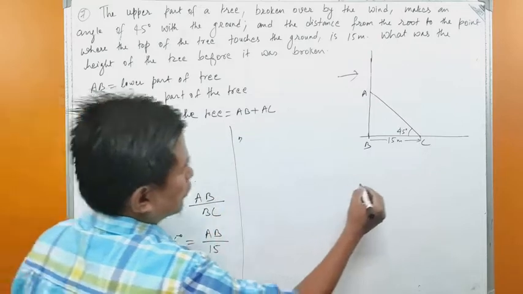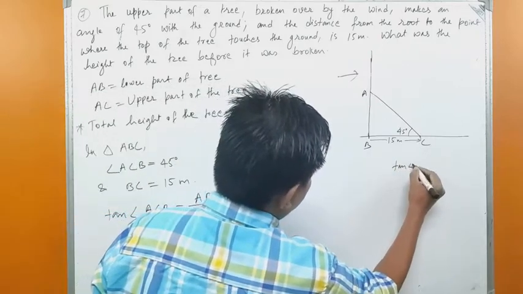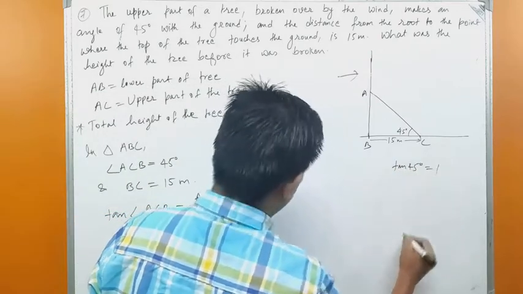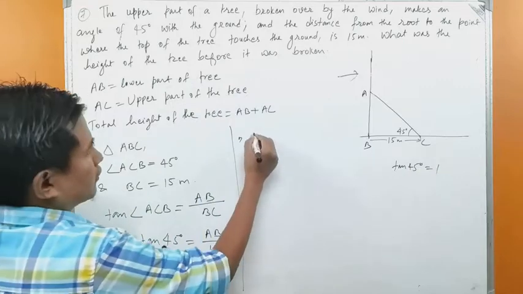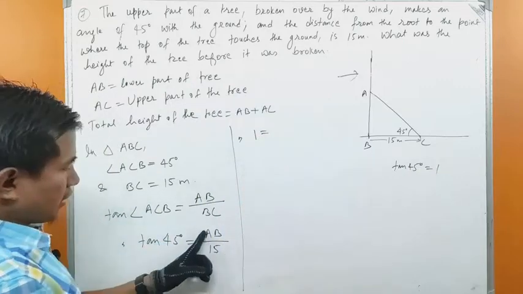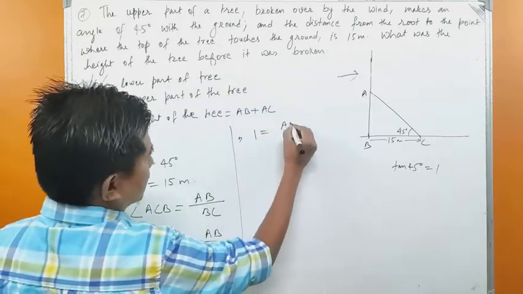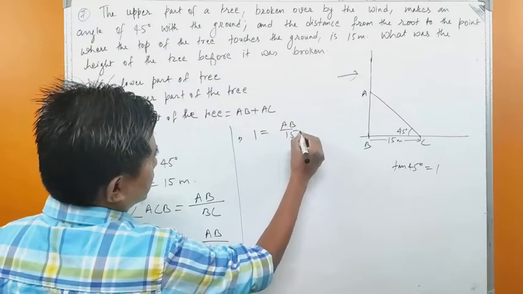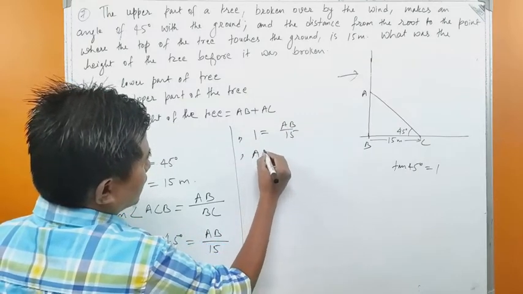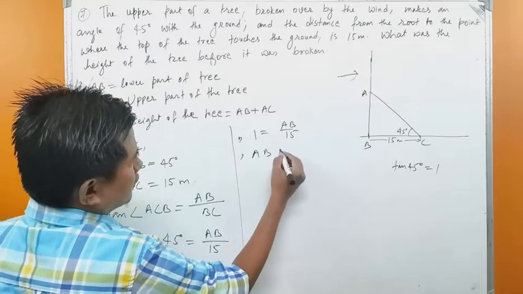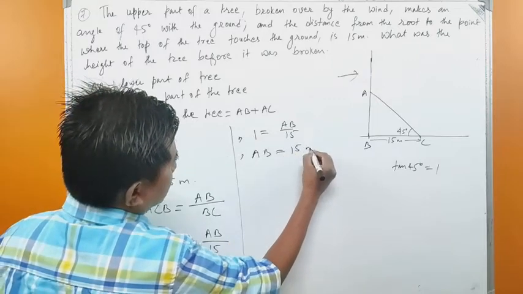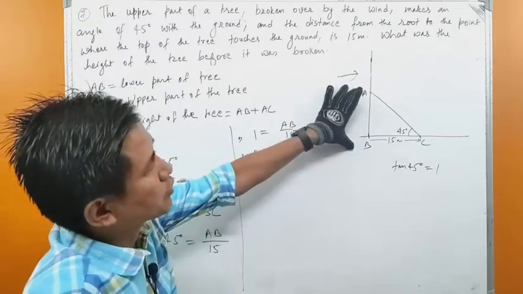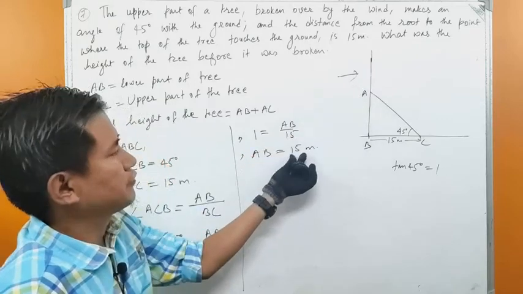The value of tan 45 degrees equals 1. So instead of tan 45, I write 1. 1 equals AB upon 15. Therefore, AB equals 15. AB, the lower portion of the tree, is found, that is 15 meters.